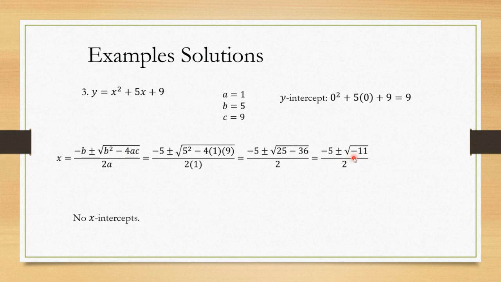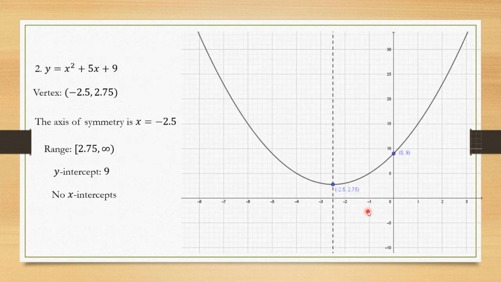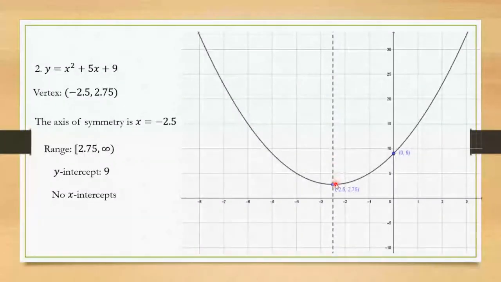That's not a real number. It's what we call a complex number. Actually, no, check that. It's an imaginary number, which is a complex number, I guess. But basically, this is not real, the square root of a negative. So this can't have any x-intercepts. And we can see, yeah, this never crosses the x-axis.